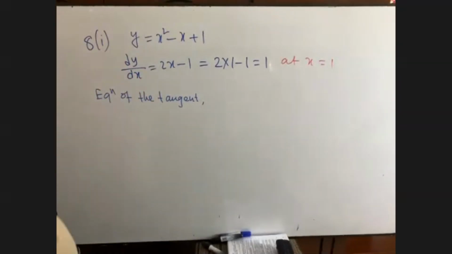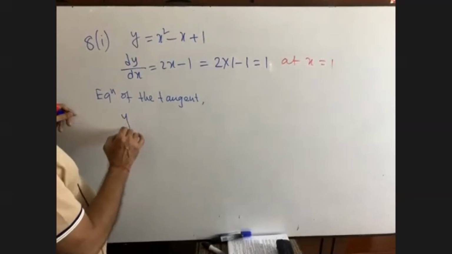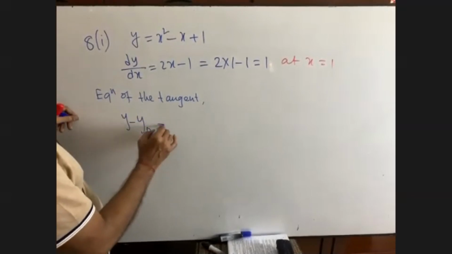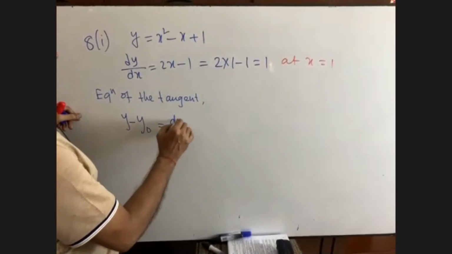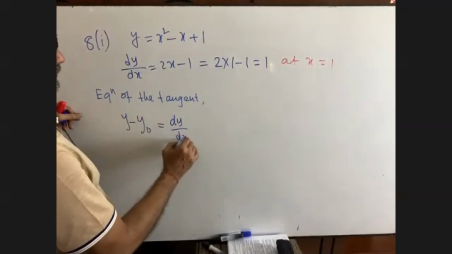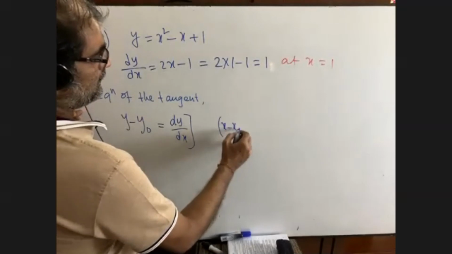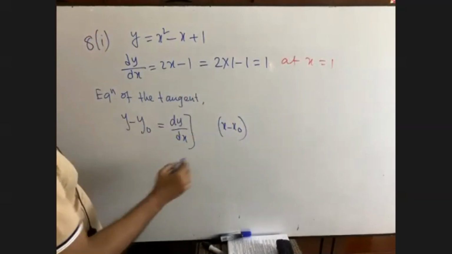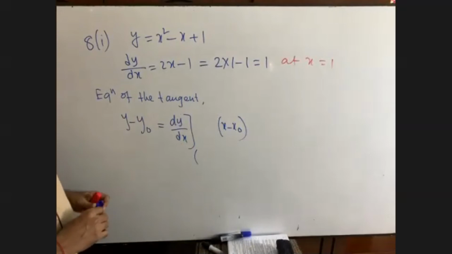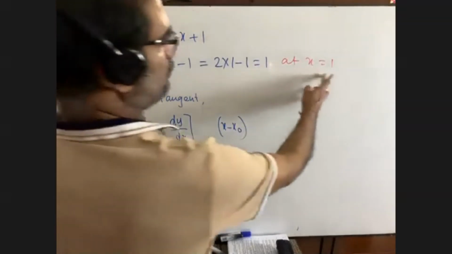What is the formula? Y minus y naught, then dy by dx. Let me know. At x naught, y naught. We have already got x naught equals 1.